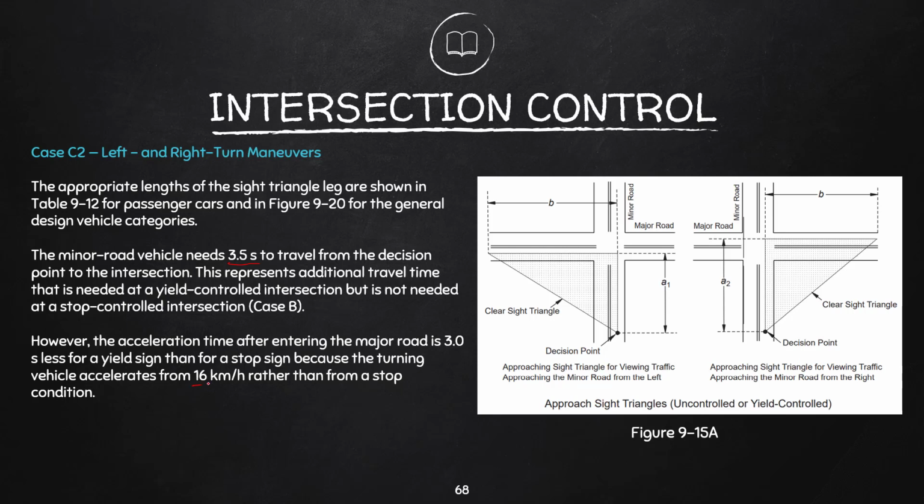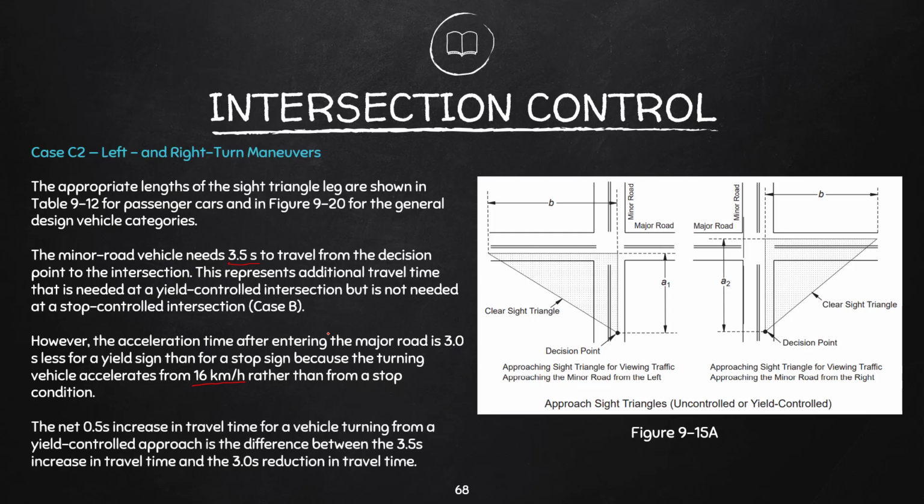Because that is a yield control, meaning it is not necessary to stop, the vehicle may just reduce its speed. The net 0.5 increase in travel time for the vehicle turning from a yield-controlled approach is the difference between the 3.5-second increase in travel time and the 3-second reduction in travel time.